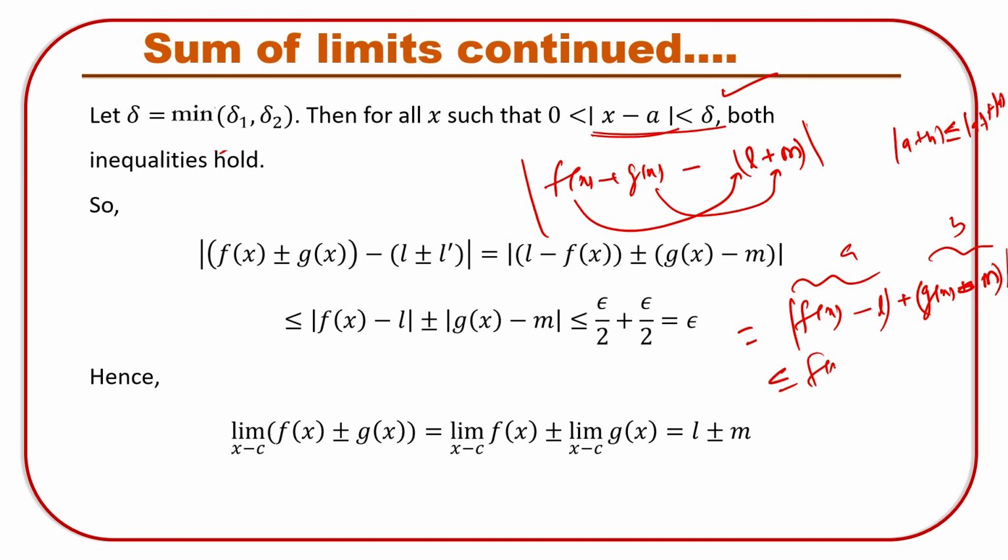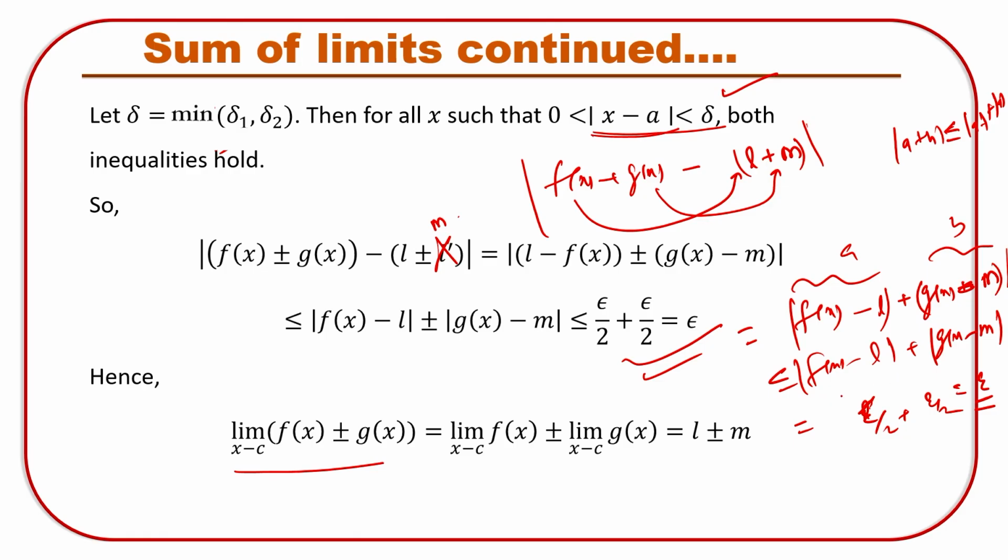So doing the same thing, modulus of f(x) minus L plus modulus of g(x) minus M. So this comes out to be less than epsilon by 2 plus epsilon by 2, which is equal to epsilon, right. So that's what we have taken here. This is not L dash but this is M, right.